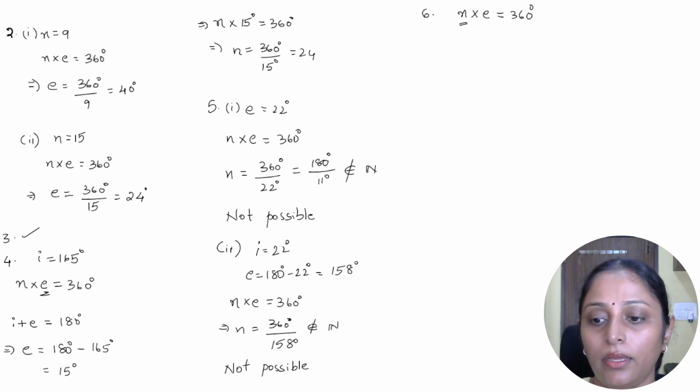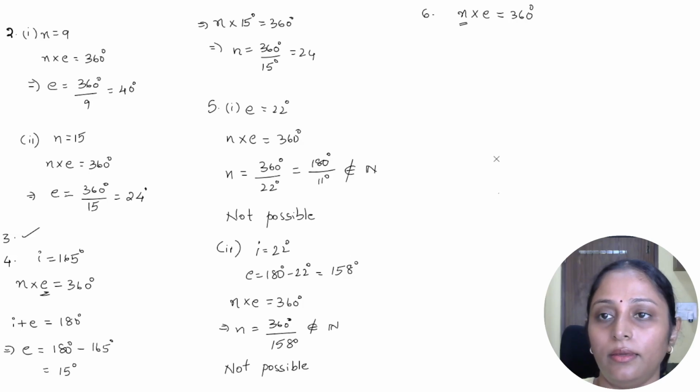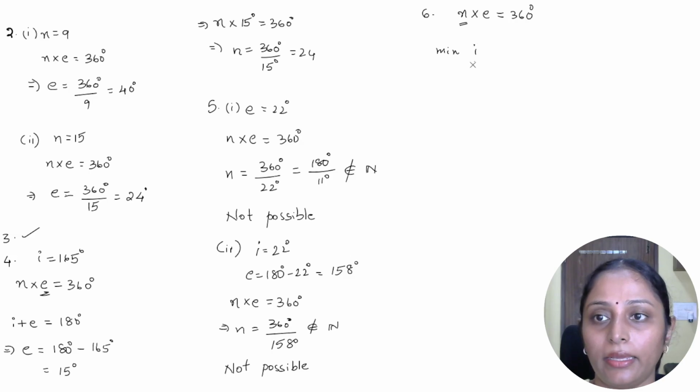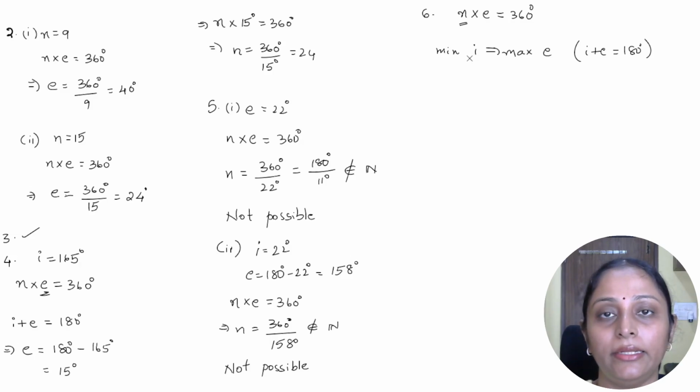Now you will see that they're saying minimum interior angle, right? Means that we are looking at maximum exterior angle. Why? Because interior plus exterior is always 180 degrees. So whenever we are looking for minimum interior, I have to minimize the interior angle, implies maximize the exterior angle.